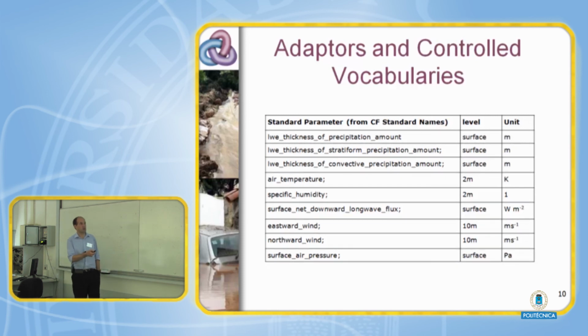So these are the parameters that were identified by our meteorologists as the ones which we use and can be made available in the P interface for other models following. Certainly, LWE, thickness of precipitation amount, is the one the other models have been configured to use. But all of these other parameters we ask are made available from the meteorological models so that other models can be chained in when they become compatible with DRIHM.